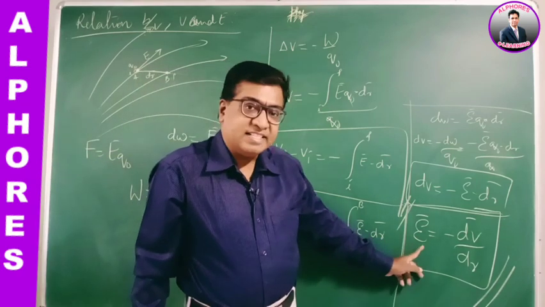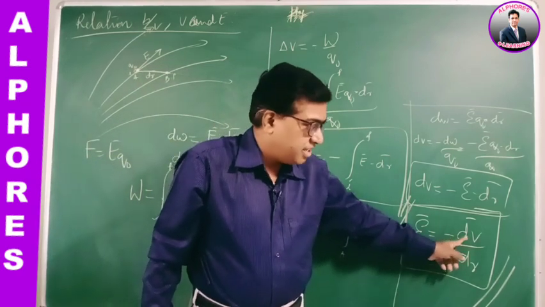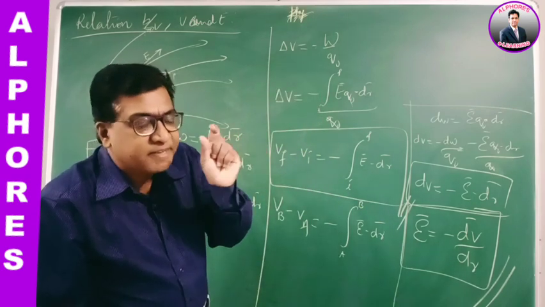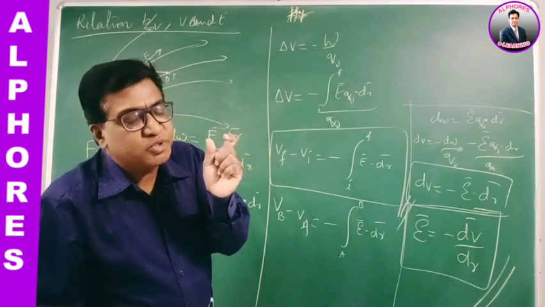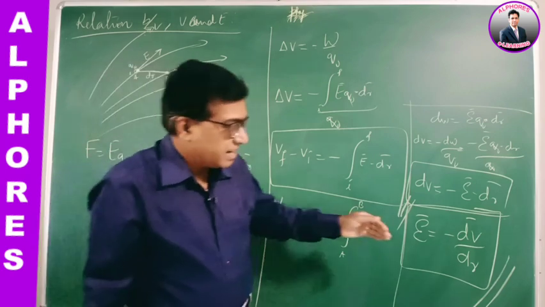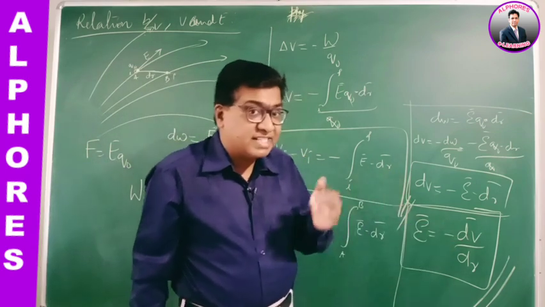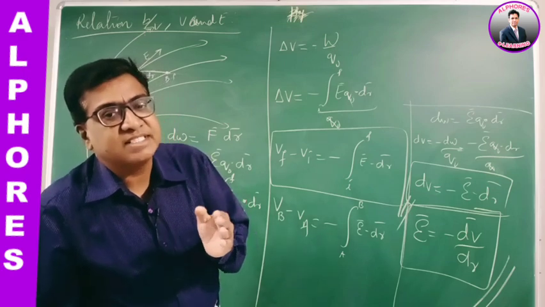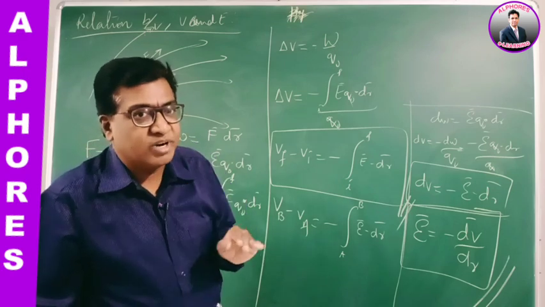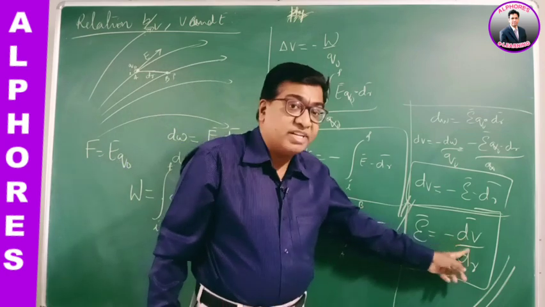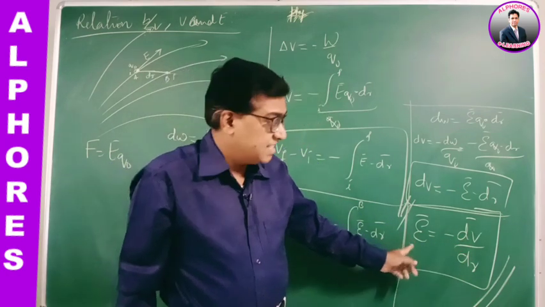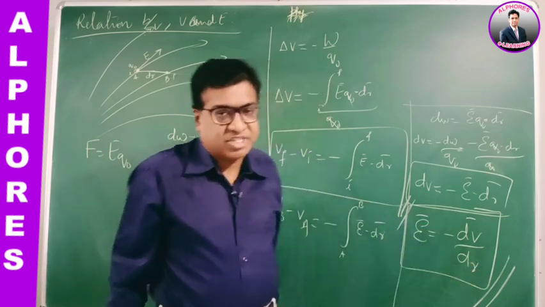Electric field intensity is the negative of dV by dr. dV by dr is the difference in potential between two points divided by the distance between them, the rate of change of potential with distance. The rate of change of any quantity with distance is called the gradient of the quantity. So it is the potential gradient. The electric field intensity is the negative of the potential gradient.